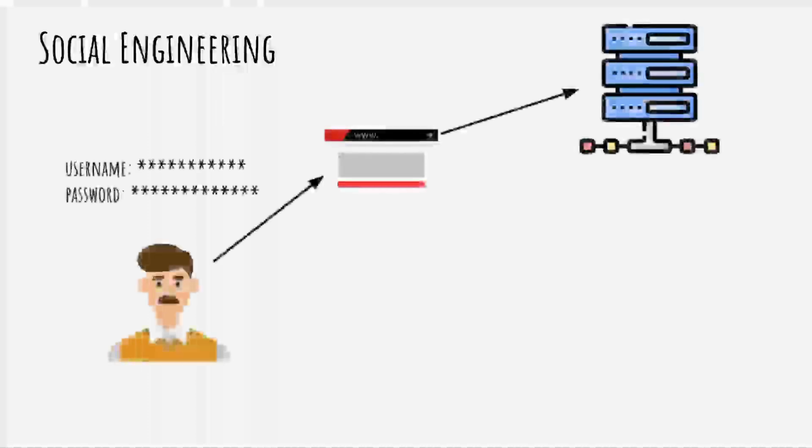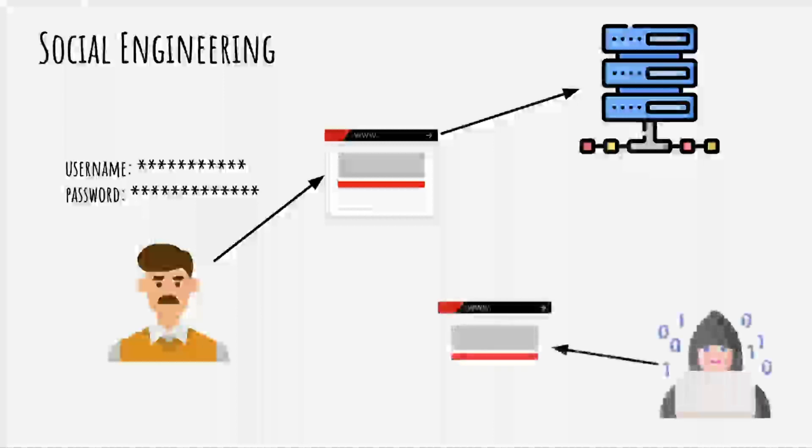Let's say an employee logs into the company's server every day for work. He uses his username and password in order to do so, and he visits the login page on that server to provide his credentials. Now, what an attacker can do is clone that page and make it look exactly the same as the official company page.